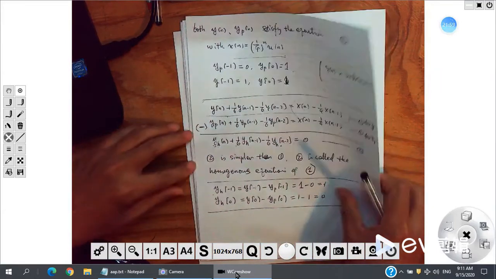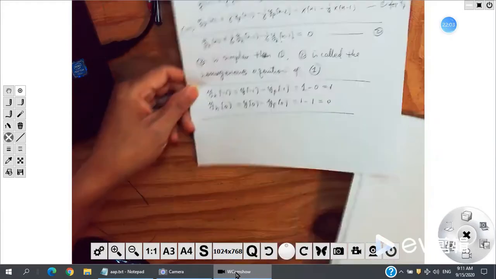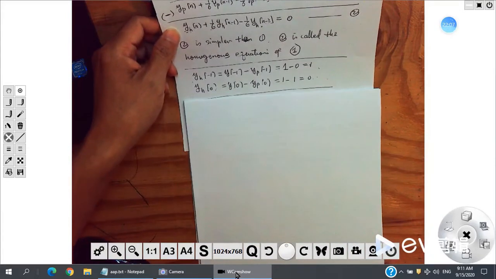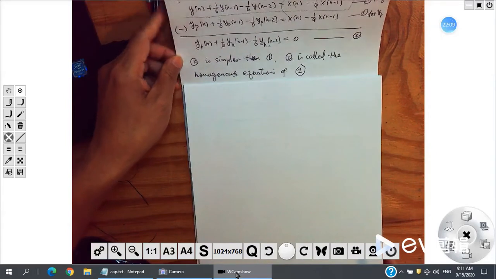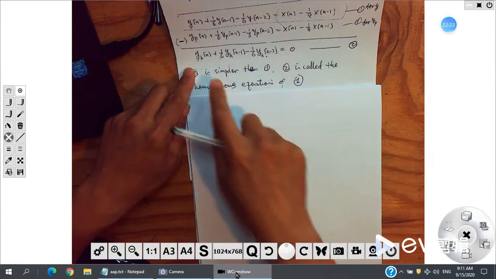Okay, how to solve the equation 2? Actually, this is a special type of system, a special type of equation, and people already know how to solve it. As for the first guy to find the solution, I don't know who is the first guy to find the method to solve it.